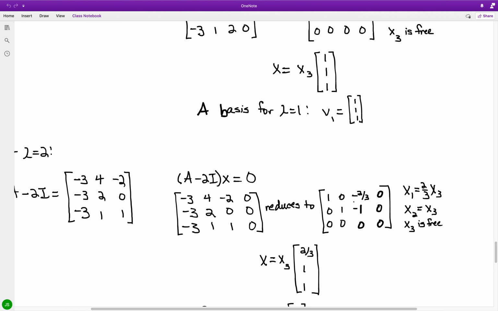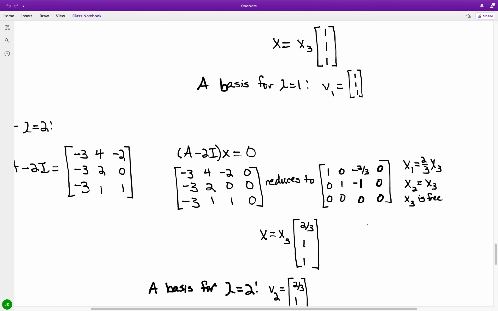Going row by row, we have 1 0 negative 2/3 0, so this will signify that x of 1 is equal to 2/3 x of 3. Second row we have 0 1 negative 1 0, which will signify that x of 2 is equal to x of 3, with zeros exclusively at the bottom. This will signal that x of 3 is free. So we have x is equal to x of 3 times 2/3, and also times 1.